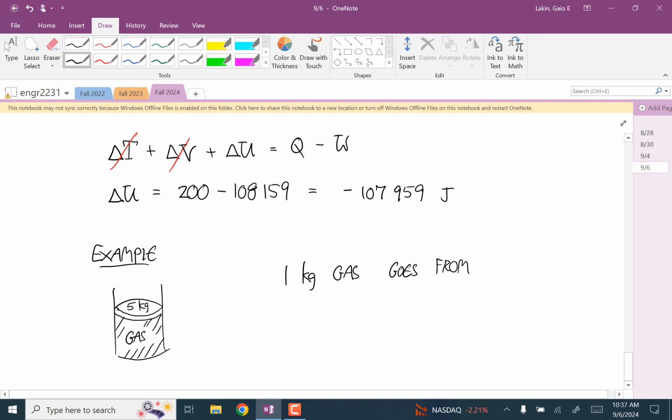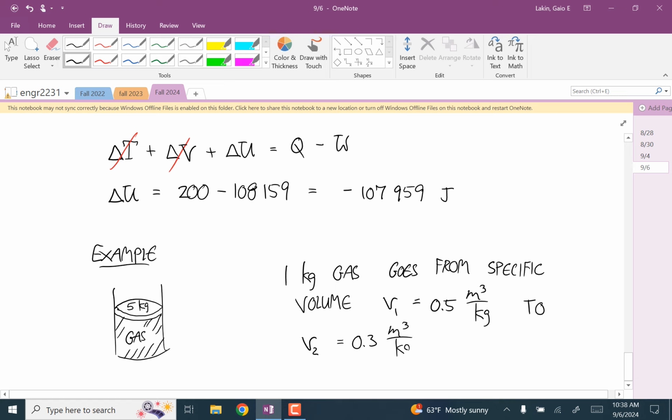And it goes from a volume of, so this is actually a specific volume. So it goes from a specific volume lowercase v1 of 0.5 cubic meters per kilogram to a specific volume v2 of 0.3 cubic meters per kilogram.